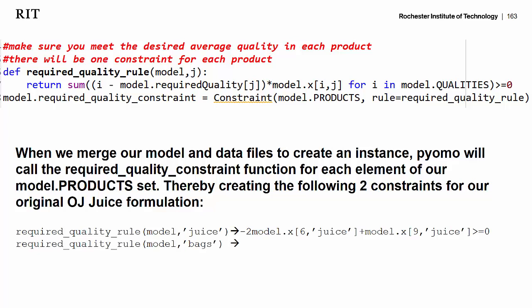And then it's going to call that same function again, but the second time it's going to pass bags, and it will make in the background our constraint for bags. And if we had marmalade, and maybe some other orange product, maybe orange gum, it would keep calling this rule for every single one of our products, and it would keep adding more and more constraints to our model.